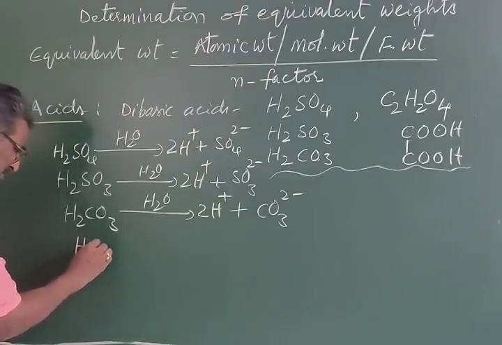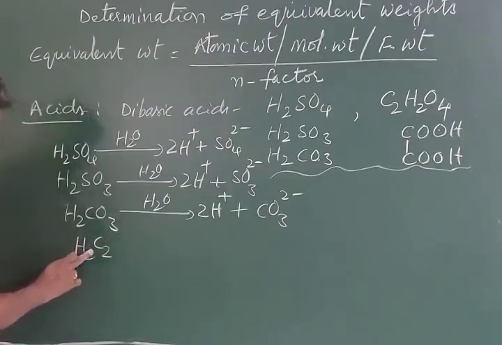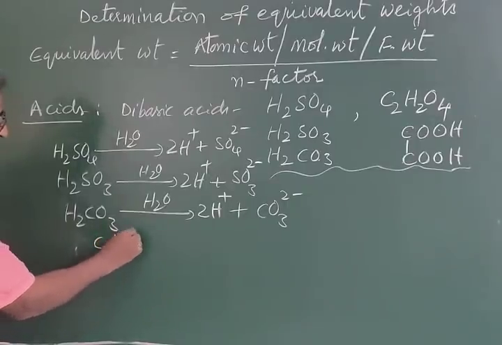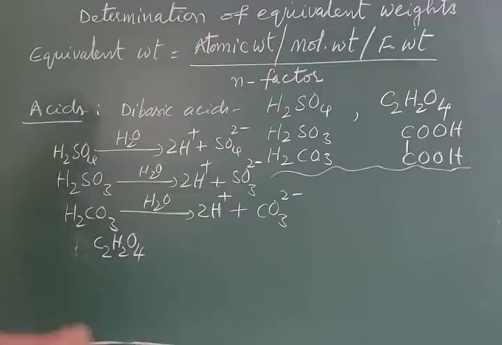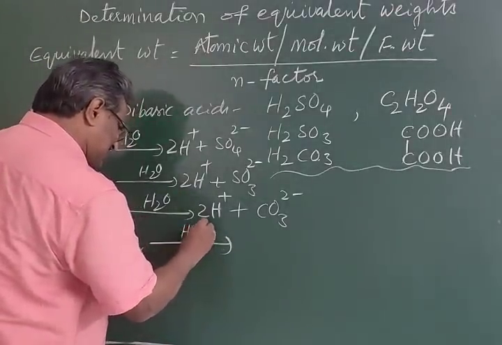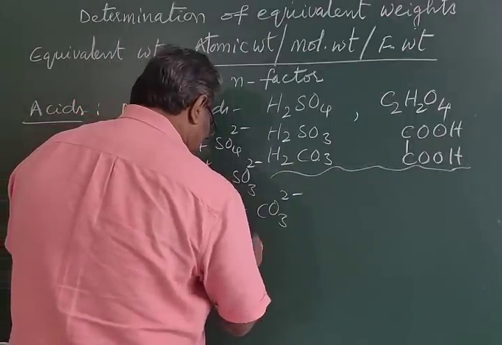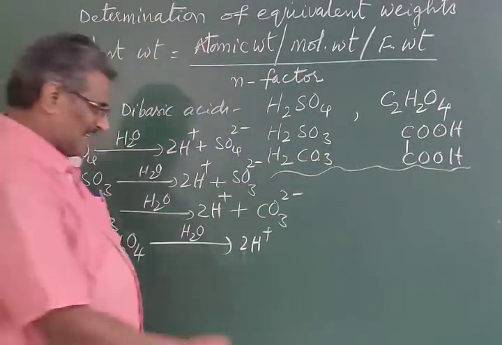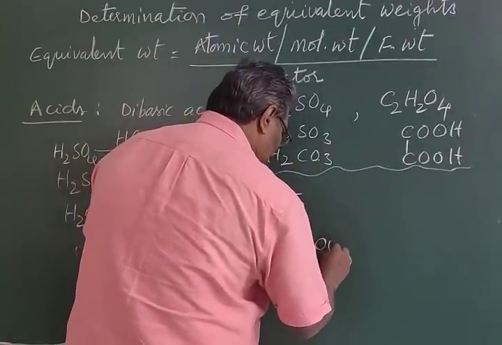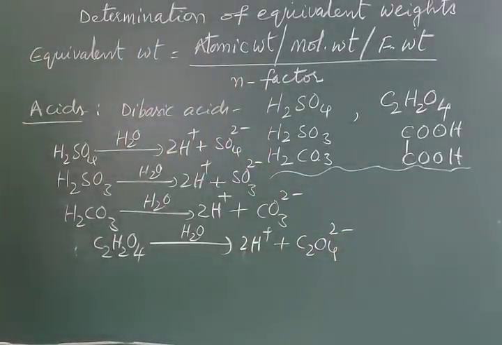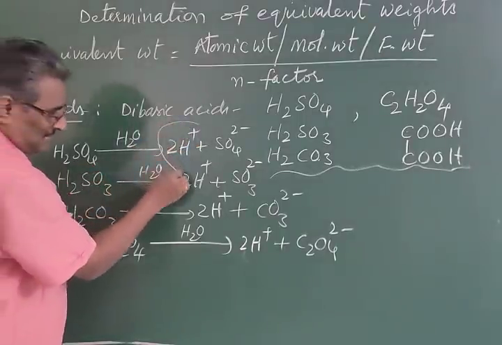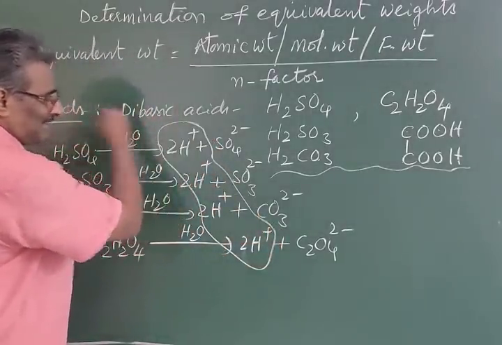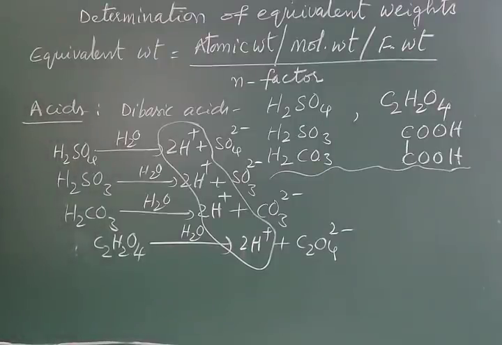Oxalic acid, C2H2O4, gives 2 H plus ions and C2O4 2 minus ion, oxalate ion. In this way, all these acids are able to release 2 H plus ions. Because of that, these acids are said to be the dibasic acids.